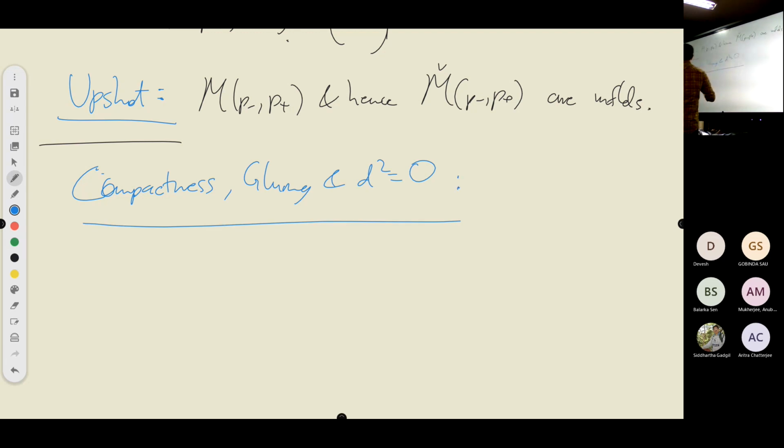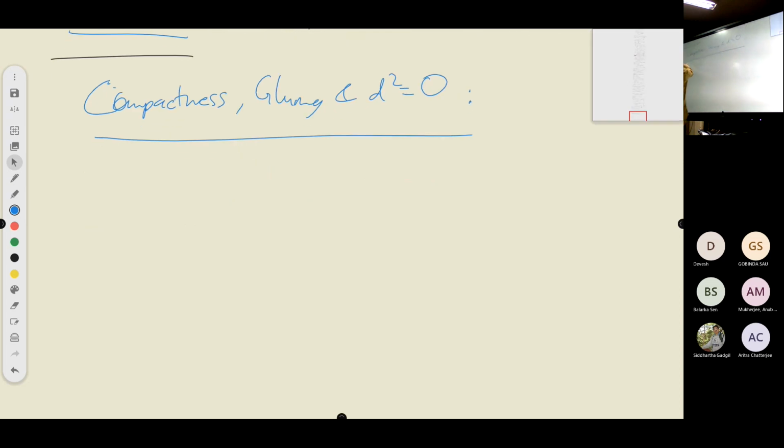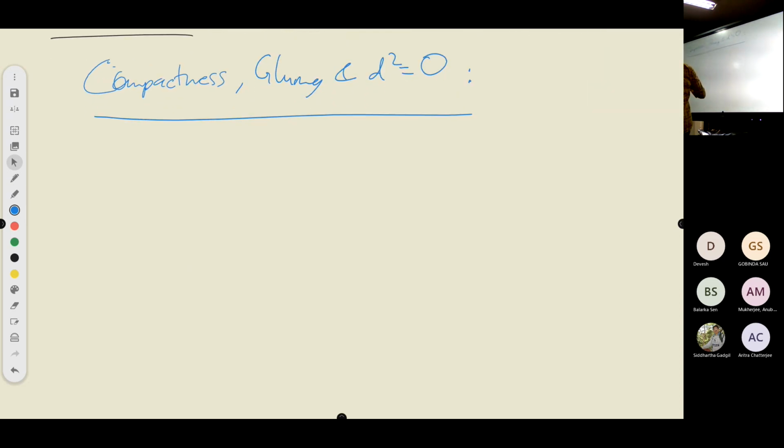So for the remaining time I'll sketch how we can get an intrinsic proof of d squared equals 0 in this formalism. Sorry, just to clarify: in this formalism, even the torus non-example fits. Yes, we haven't assumed anything about genericity or anything of that sort.